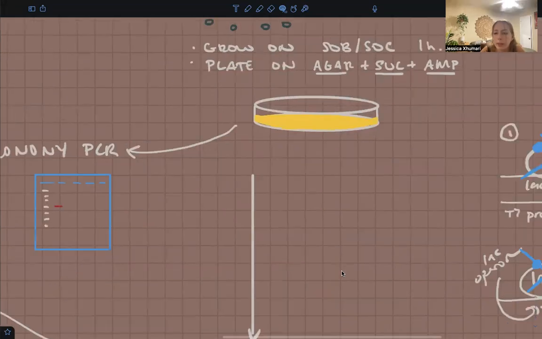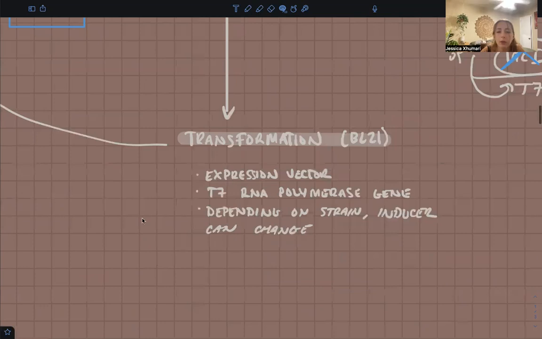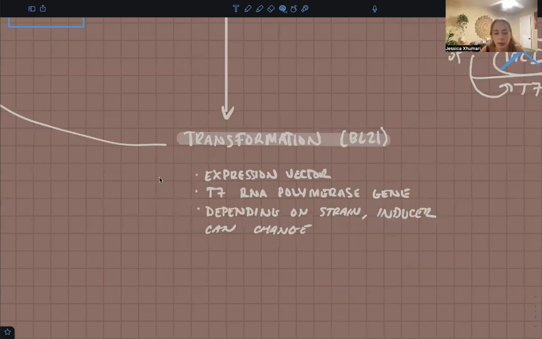Okay, we did colony PCR, and then we transformed into BL21. This is an expression vector, and the reason it's used as an expression vector is because it has the T7 RNA polymerase gene in the genome already ready to use, okay? And it already has a regulatory system for it.